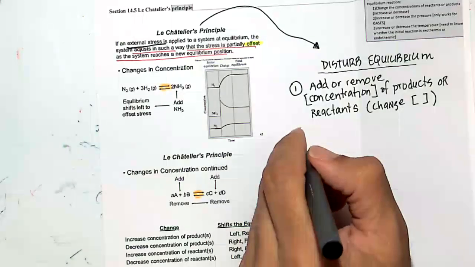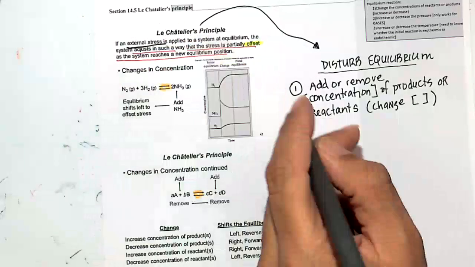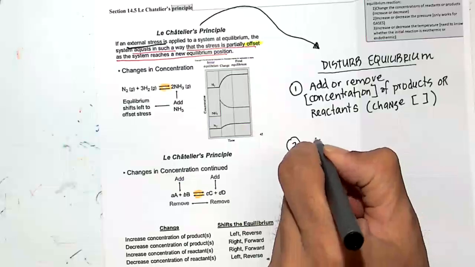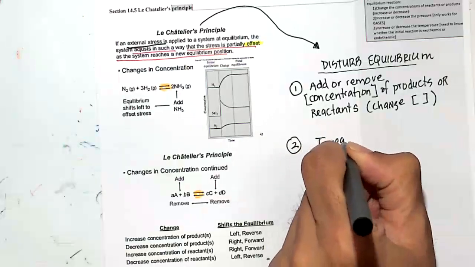The second way you disturb an equilibrium, and the equilibrium offsets itself according to Le Chatelier, is for gases: you increase or decrease the pressure.